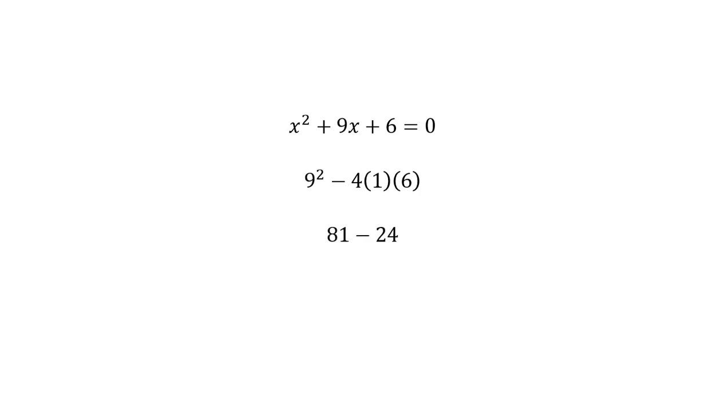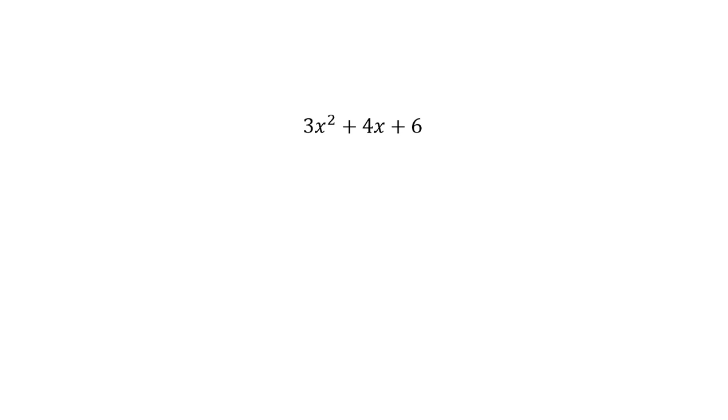So we get 81 minus 24, which is a positive 57. If our answer is a positive 57, do we have 1 real solution, 2 real solutions, or 2 imaginary solutions? That's right, we end up with 2 real solutions, because it's a positive number. It's greater than 0.